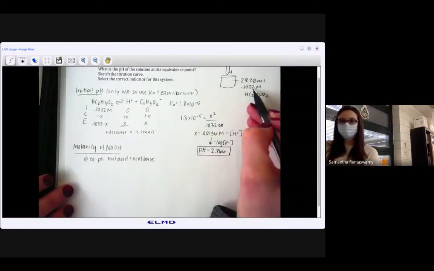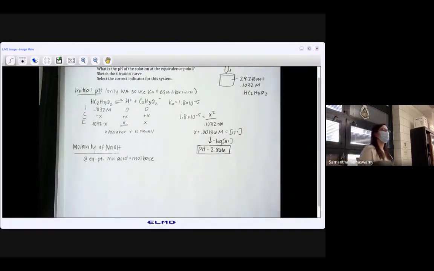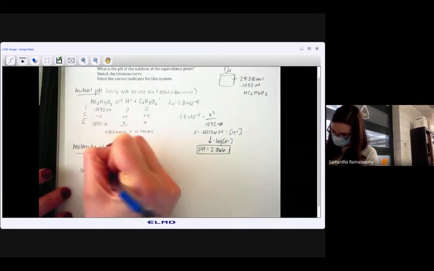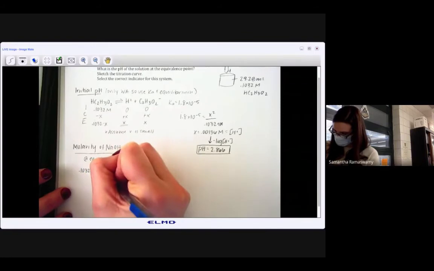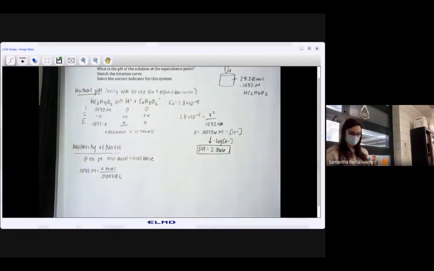So I know the molarity and the volume of acetic acid that was in the beaker at the equivalence point. I can figure out how many moles of acetic acid there were in the beaker. Remember, molarity is moles over liters.